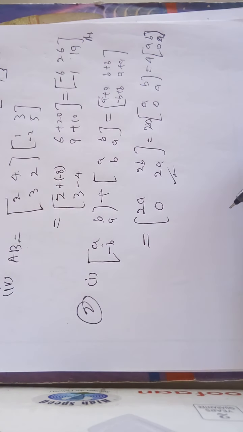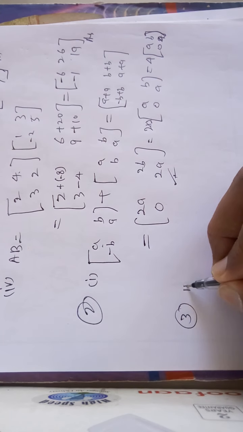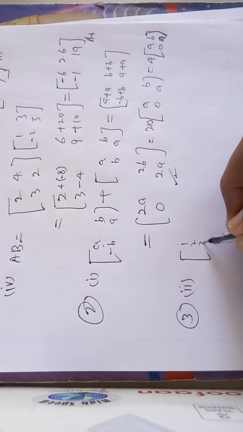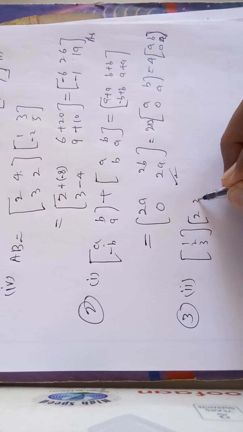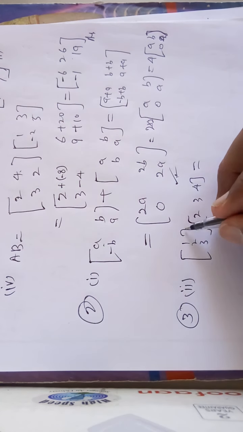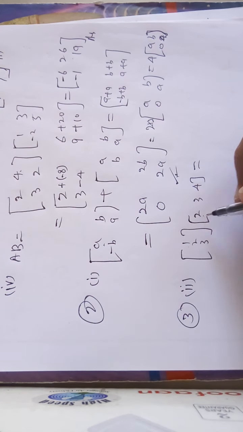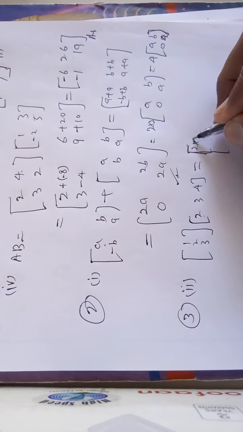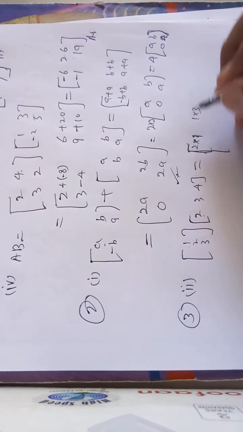Next, question number 3, second part. The first is a column matrix [1, 2, 3] and this is a row matrix [2, 3, 4]. Multiply the first, second and third rows by the first, second and third columns. 1 into 2, 1 into 3, 1 into 4.